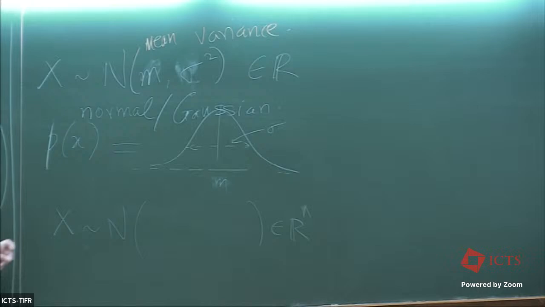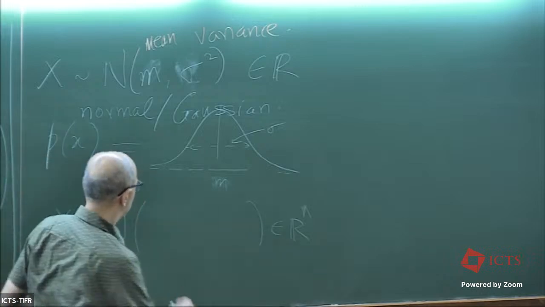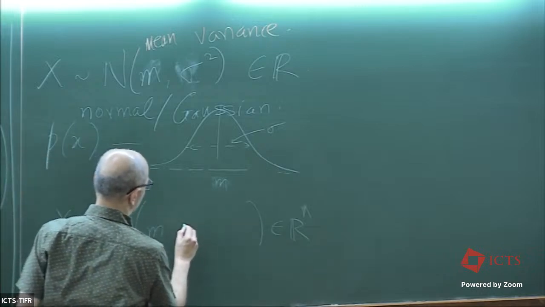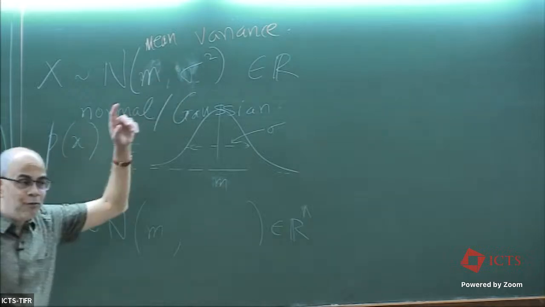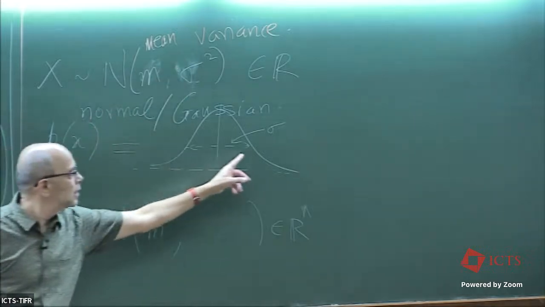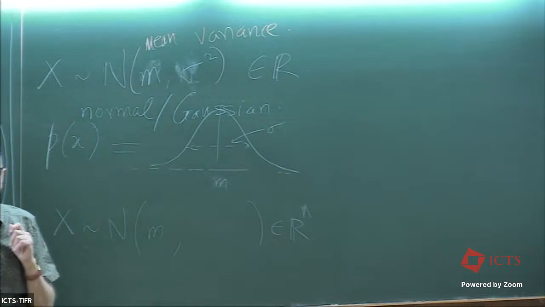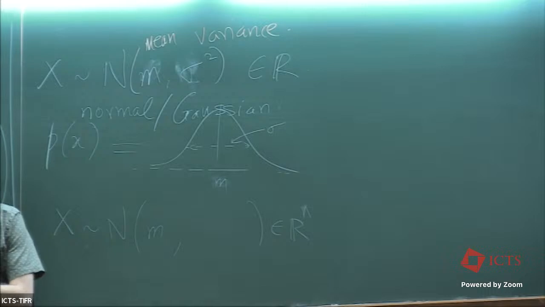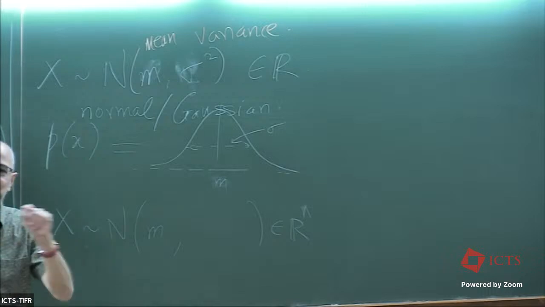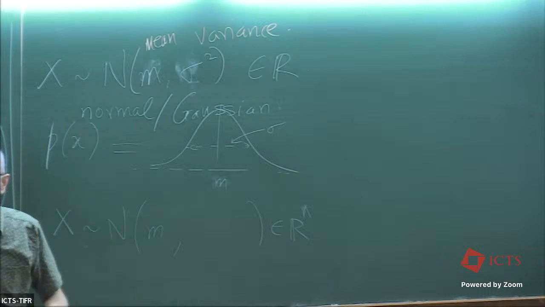The mean of a random variable, of course, will have the same dimension as this object, m, and the variance will get replaced by the variances and the covariances of the different components of these random variables.